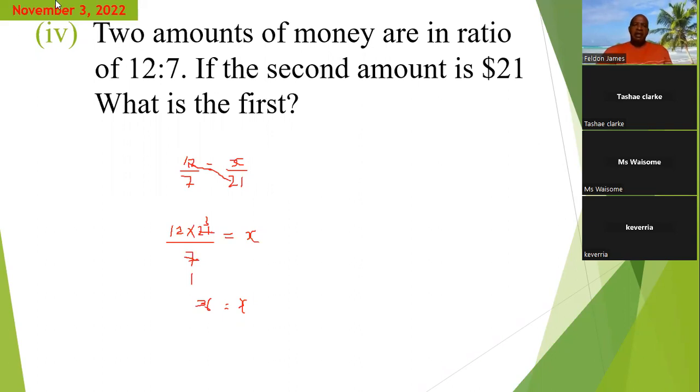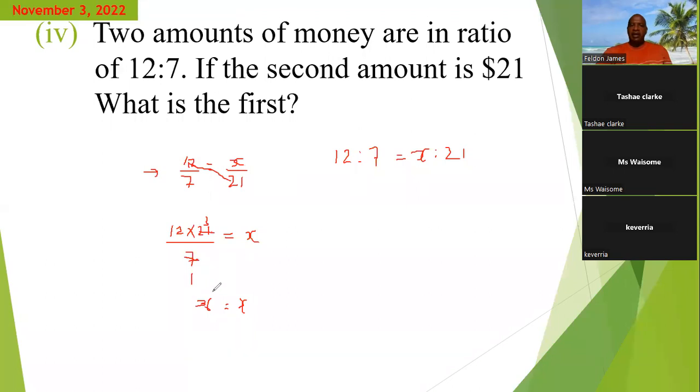So basically, you would write the ratio that was given, 12 to 7, must be in the same ratio as the actual money. So the second amount is 21. So the first amount is what we're trying to find. So you call the first amount x, and the second amount we know is 21. So that would be both of them in that ratio. Then now you write the fraction as what Ms. Waysome would have done here.